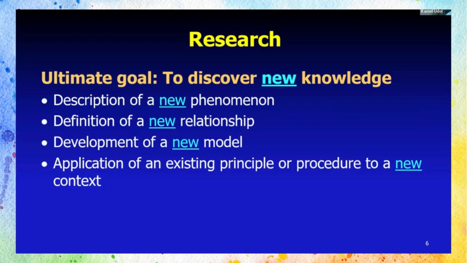So there must be some newness of the knowledge when we do research. So we need something new. And that's very important because if there is nothing new about your project, that might not be considered a good research.